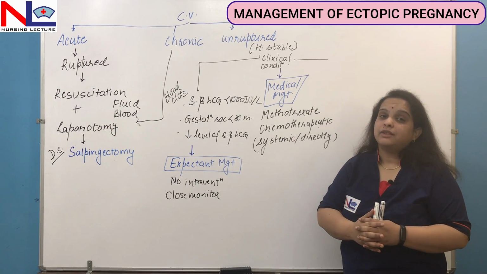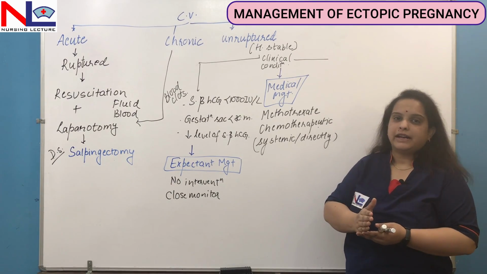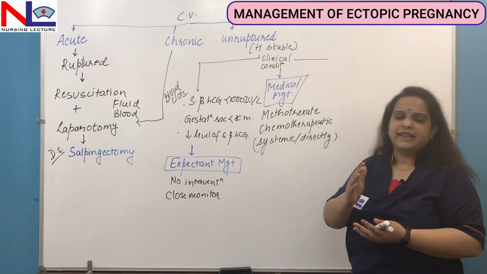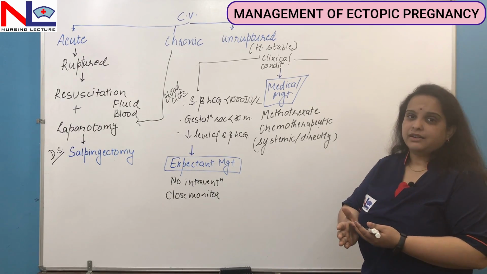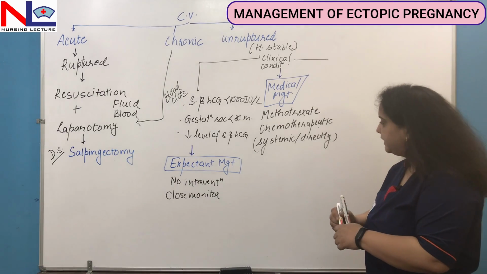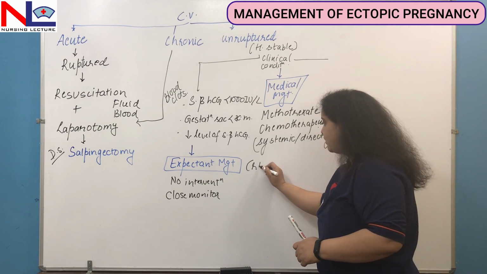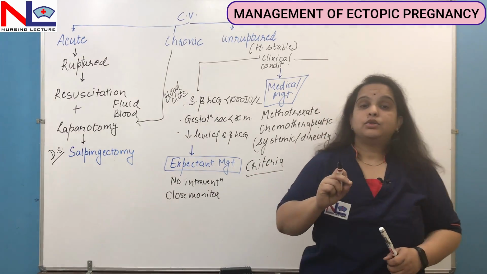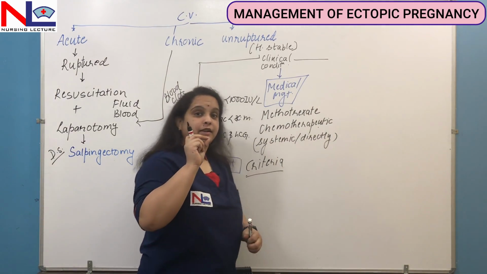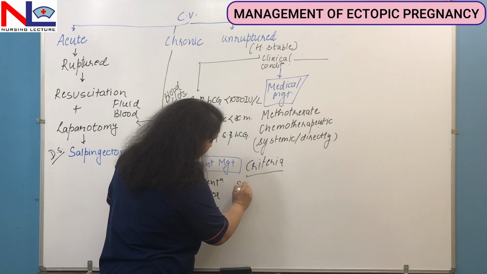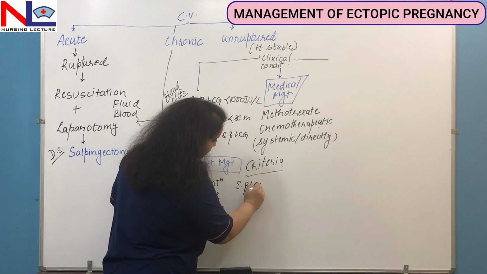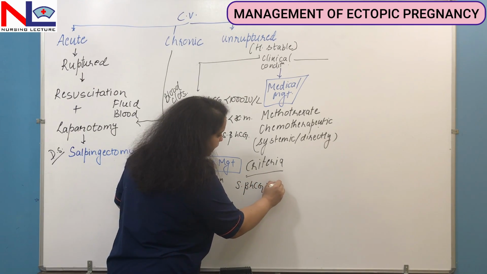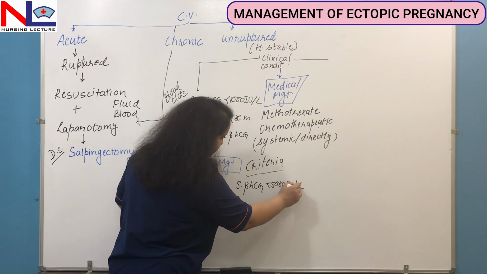Before you administer methotrexate, there are certain criteria. If these criteria are met, then only we can administer this drug. So let's see what criteria there are. Firstly, the serum beta HCG value should be less than 5000 international unit per liter.